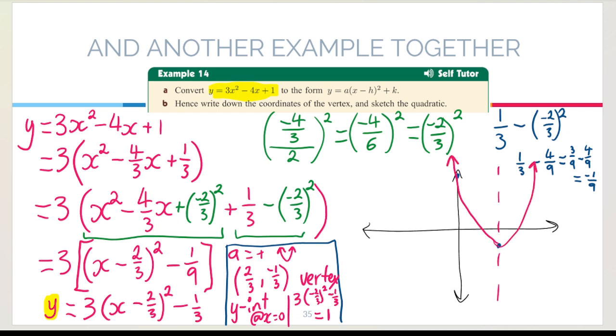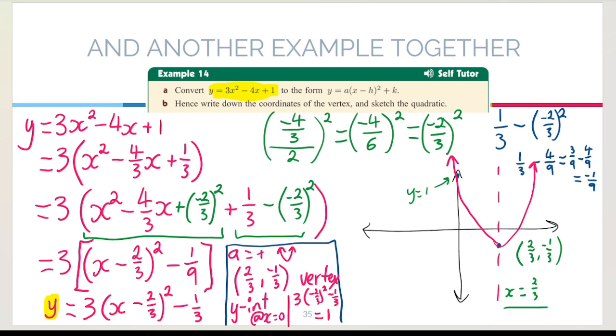So not the best diagram, but it shows us the important things, which are 2 on 3, -1 on 3. We've got our intercept at y equals 1, and we've got our axis of symmetry, which you can also write in if you want to at x equals 2 on 3.